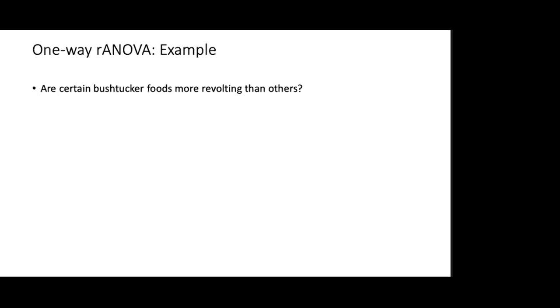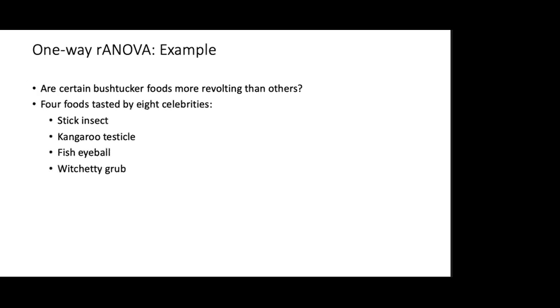All right, here is another example of repeated measures ANOVA and how to do it in R. It's another one that's kind of funny. It's from, I assume, one of these TV shows, I don't know it, where celebrities have to eat all sorts of disgusting things, like different animals.